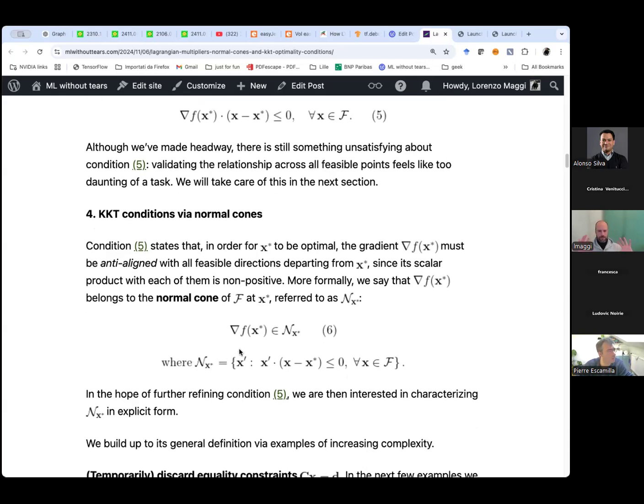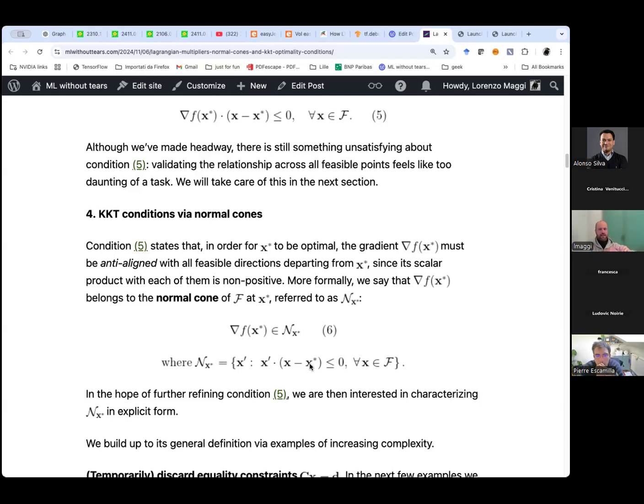So for those who don't know what it is, basically normal cone. There are two actors here. There's a set F, our feasibility set, and a point x star. The normal cone of F at x star is the set of all vectors that are anti-aligned with any feasible direction from x star.